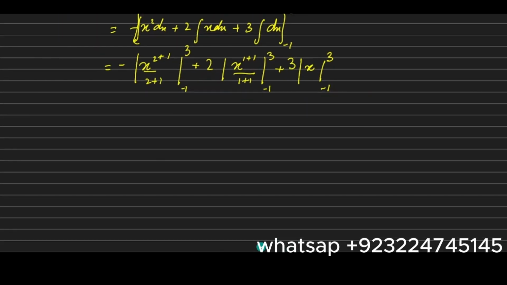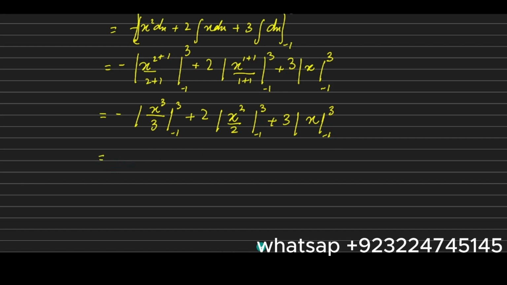Now we further simplify it. We get minus x cubed over 3, with limits minus 1 and 3, plus 2 times x squared over 2, with limits minus 1 and 3, plus 3. Remember that 3 is the upper limit and minus 1 is the lower limit.